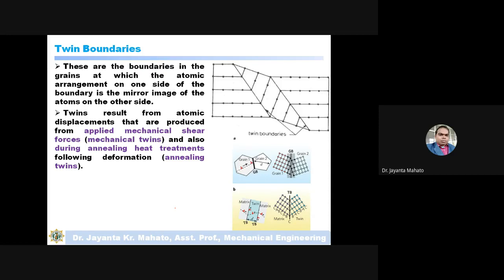If the twins are produced by mechanical shearing, or by applying mechanical loads or shear force, then these types of twins are called mechanical twins. If the twins are formed by annealing heat treatment, then they are called annealing twins. So twins can be formed either by mechanical shear or annealing heat treatment.